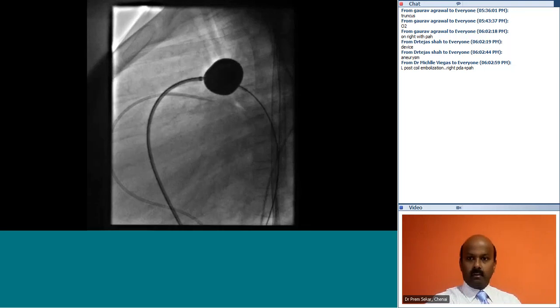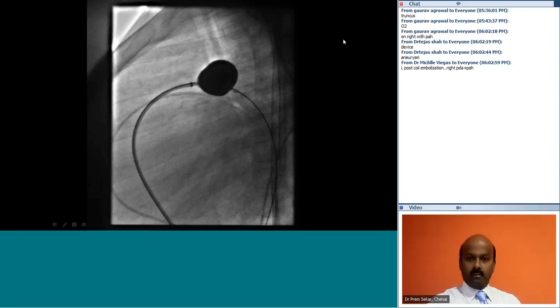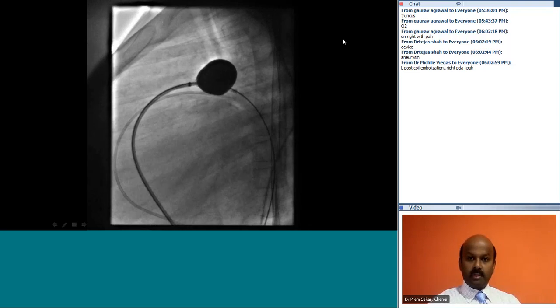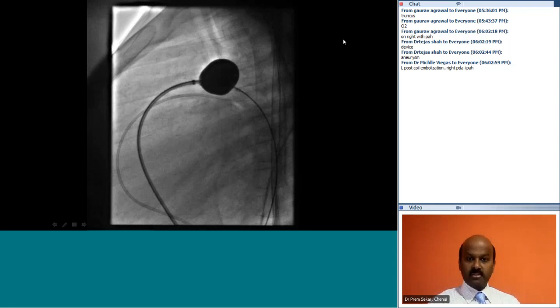This is a child with severe pulmonary artery hypertension and PDA, where a balloon occlusion is being done.